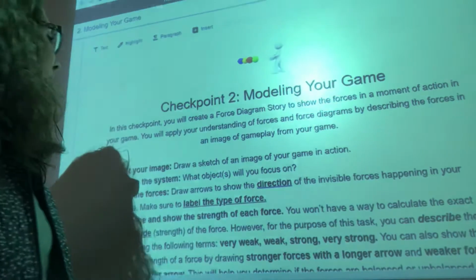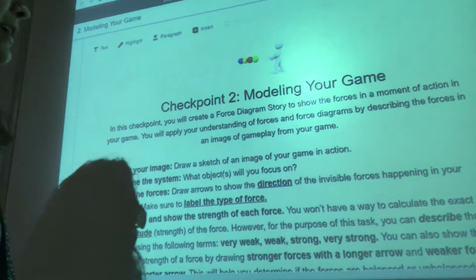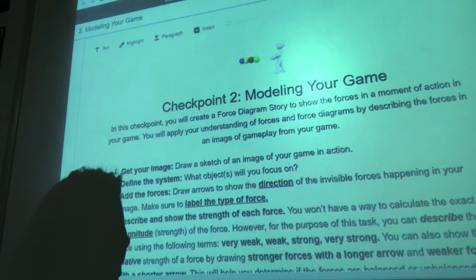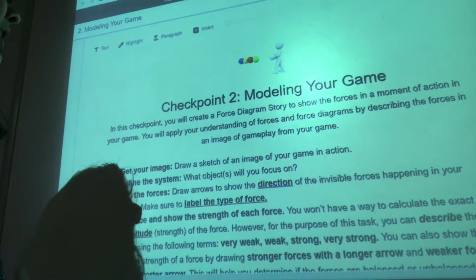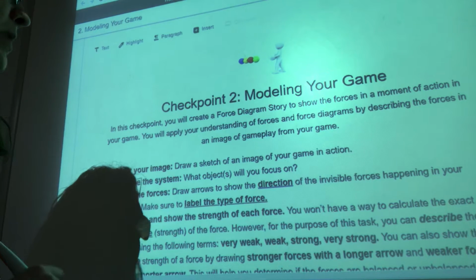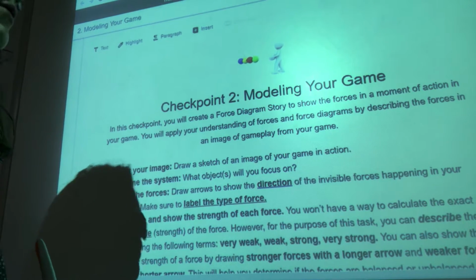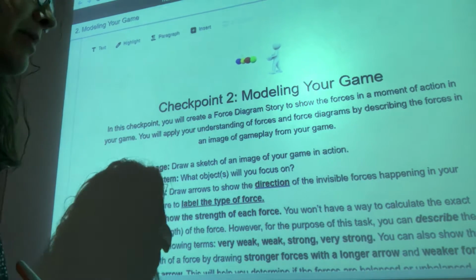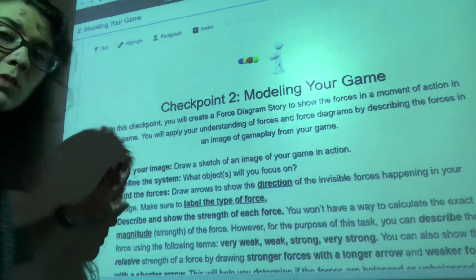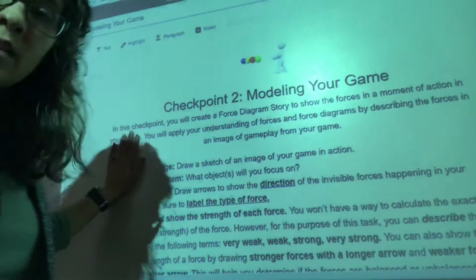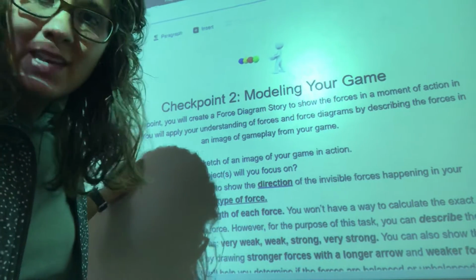It says, in this checkpoint, you're going to create a free body diagram, a force diagram, to show the forces in a moment of action in your game. You will apply your understanding of forces and force diagrams by describing the forces in an image of gameplay from your game. Number 1 says, get an image of your game. You're going to draw it.